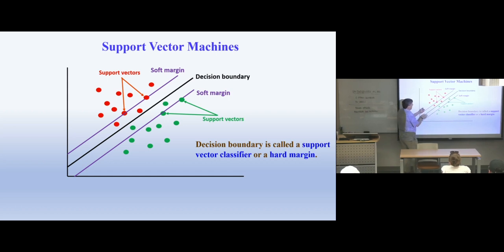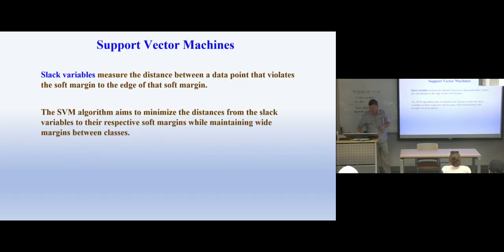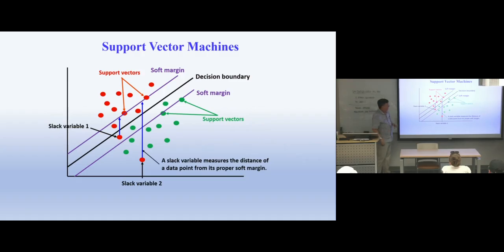What I'm trying to do is get a soft margin here to accommodate errors, because when you come down, you'll get to slack variables. Suppose that you have this. Here's the decision boundary. It would be great if it were totally clean like I had before, but I added in some more data points. What I've got here are a couple of data points inside the soft margin, but on the correct side of the decision boundary.